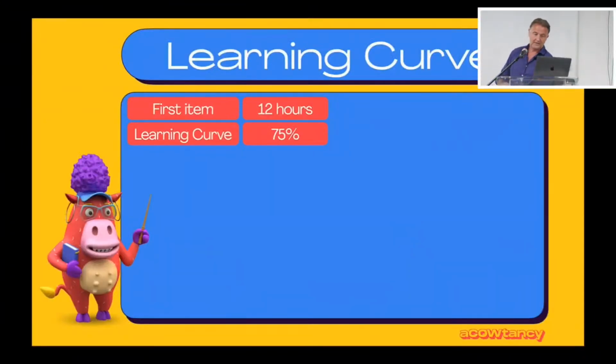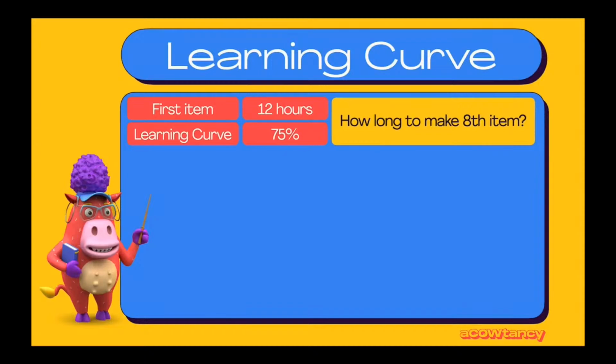Okay, so the examiner's told us the learning curve is 75%. But what the examiner wants to know is, how long would it take to make the 8th item, the 8th bottle of water? And the way you work that out is this. You want the total time it takes to make 8 items minus what?